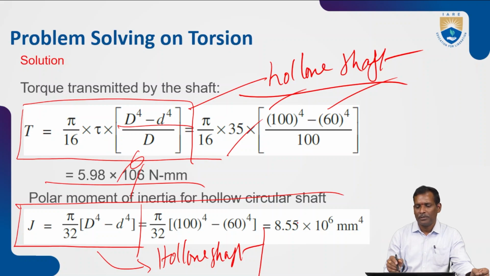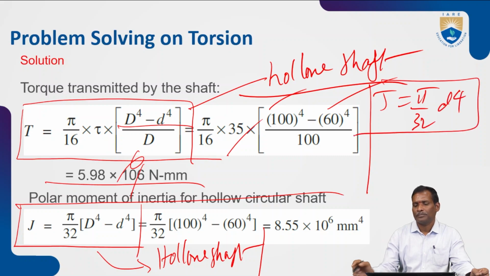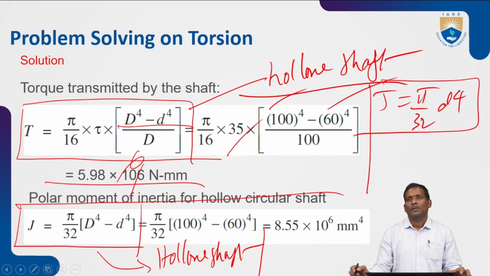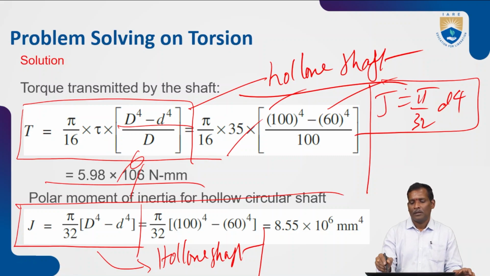For a solid shaft, J is equal to pi by 32 into D to the power of 4. This is for a solid shaft.